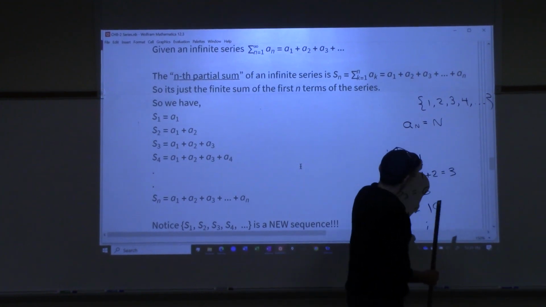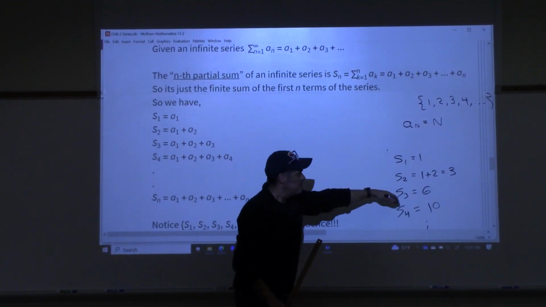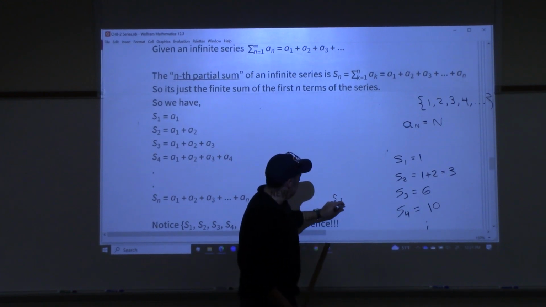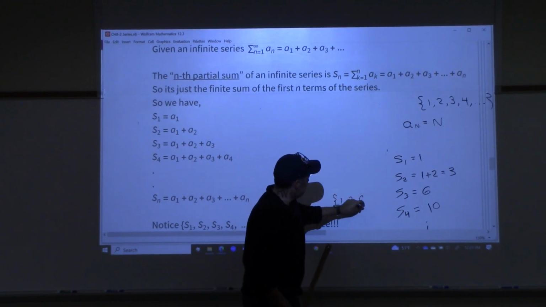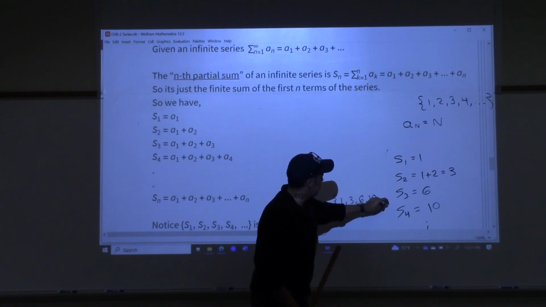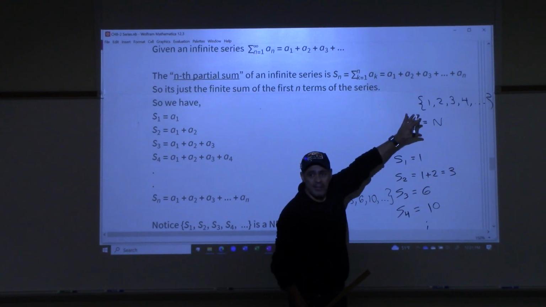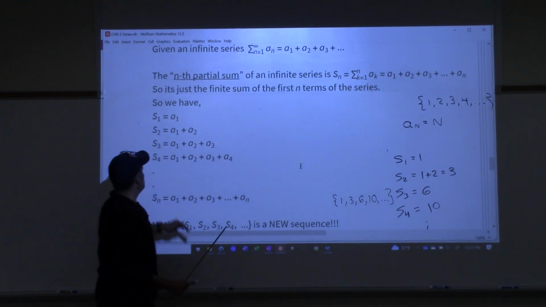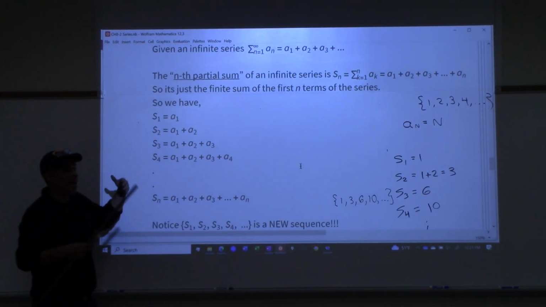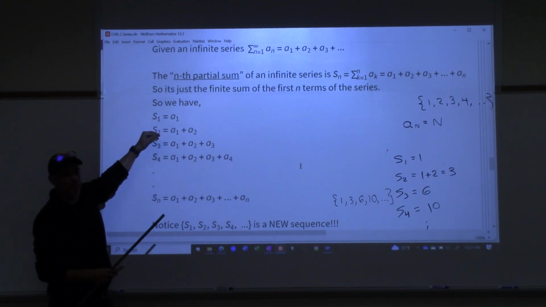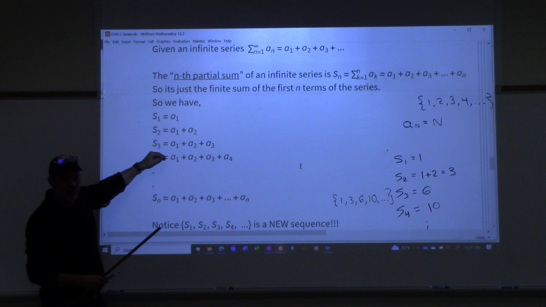This is a new sequence, isn't it? This is the sequence 1, 3, 6, 10, and it keeps going, right? That's a new sequence generated from that sequence, and what it is is these partial sums. It's not the entire infinite sum, it's parts of it, and we add one more part each time.